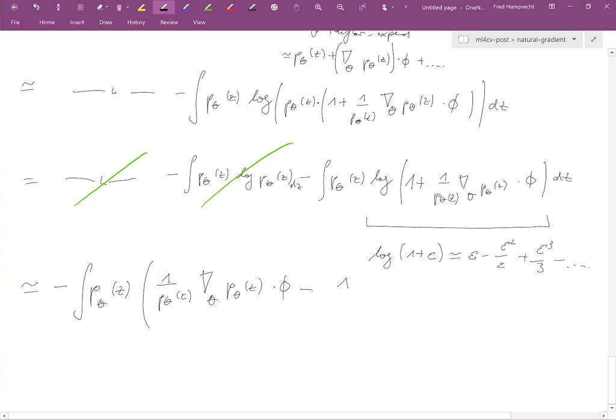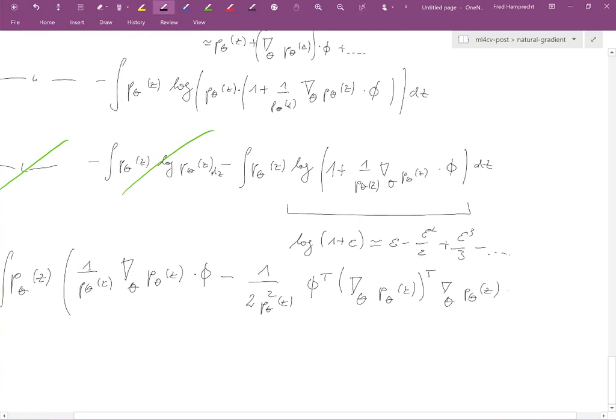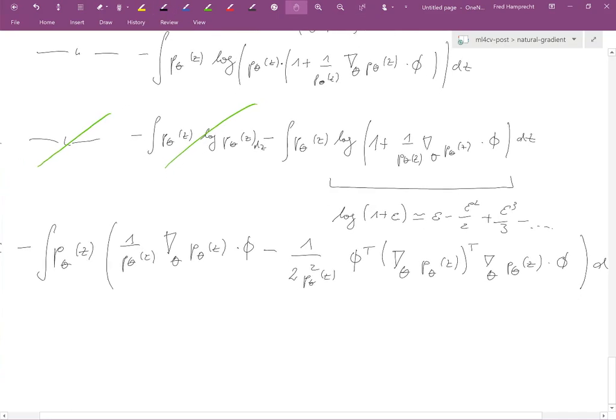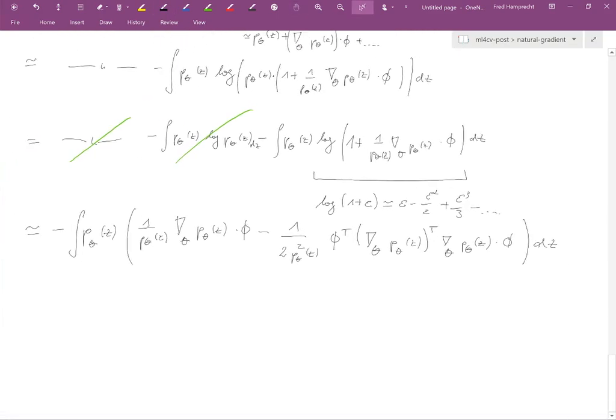Now we need to go to second order. So I divide by 1 over 2 p theta z squared. And now comes a bilinear form. So I have phi transpose.